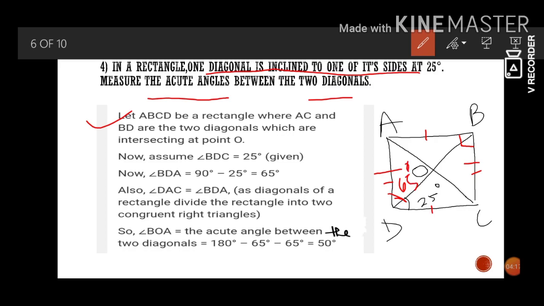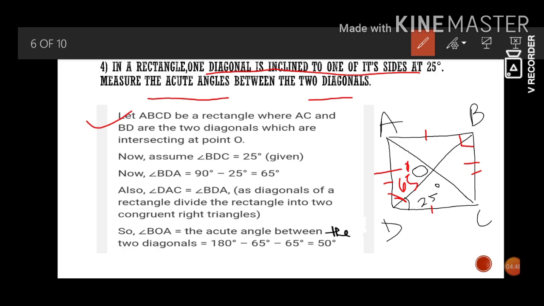Now we know that in a quadrilateral, if it is a rectangle, then the diagonals give us congruent triangles. That means the diagonal AC will give us ABC and ADC as congruent triangles. If we consider BD as the diagonal, then ABD and BDC are two congruent triangles.